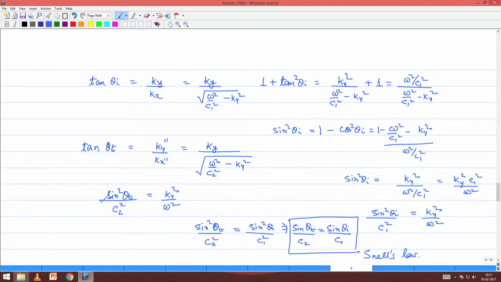But looking at this, it is pretty clear that sin theta t will depend upon C 2 by C 1. So, if the C 2 by C 1 ratio is pretty high, there is a possibility that the sin theta t term turns more than 1, in which case there is no real theta t, which means that there is actually no transmission happening. There is only an evanescent wave, which is what we will describe. So, that aspect is called total internal reflection.